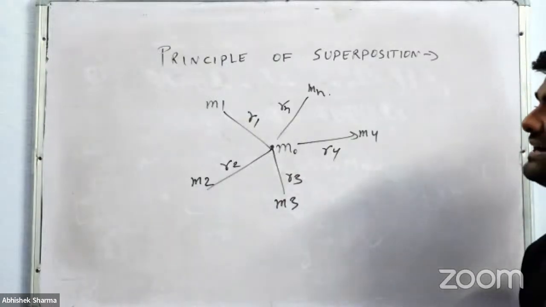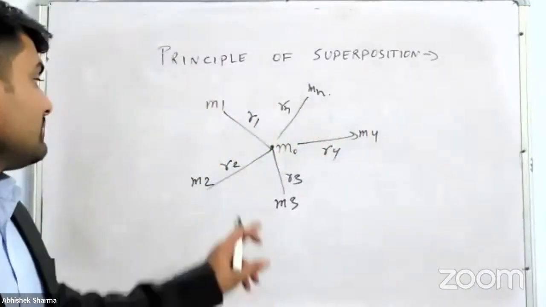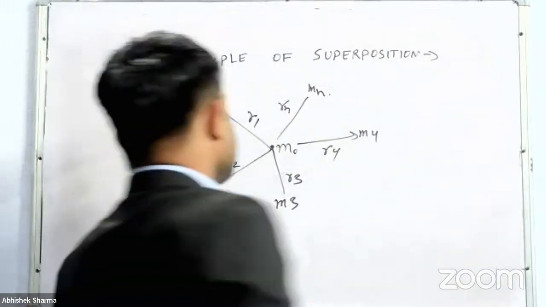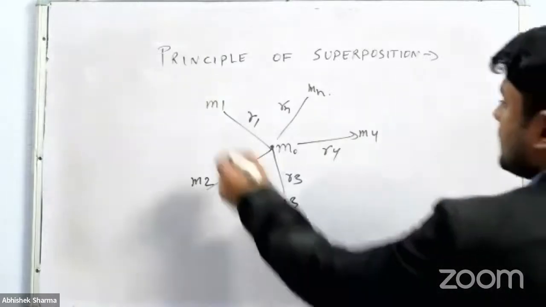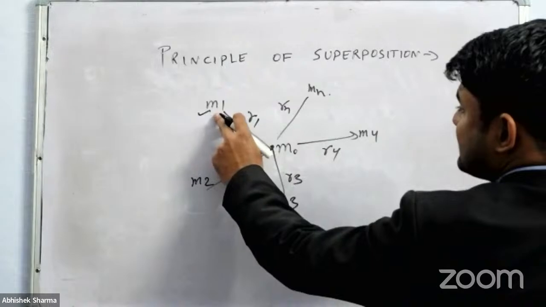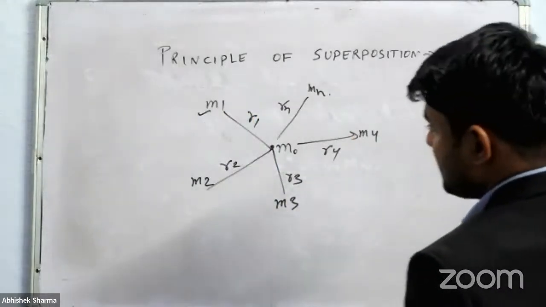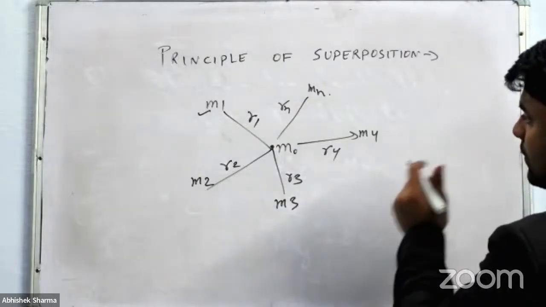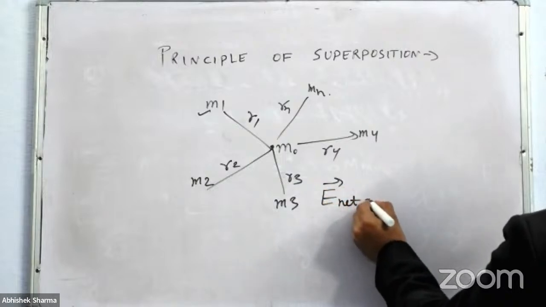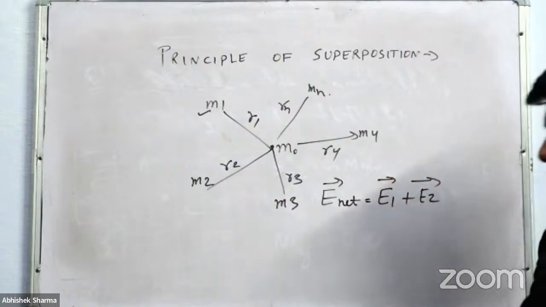If we need to find the net gravitational field strength of this m naught mass, how will we approach it? Simple. We find the gravitational field strength due to each of m1, m2, m3, m4 up to mn. So the net gravitational field strength will be E1 plus E2 and so on up to En, because all are vectors.